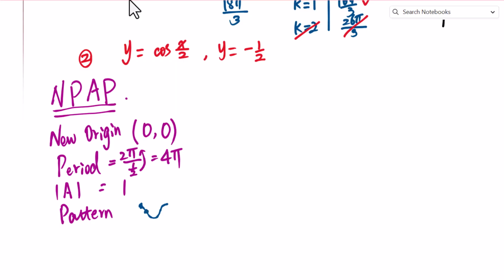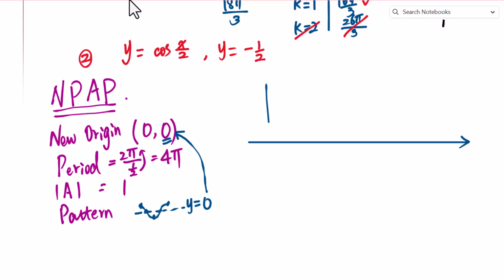Pattern: y equals a positive cosine pattern. We need these 5 key points. This is the midline. Midline is y equals 0. It's the y coordinate of the new origin. Now let's sketch this graph. X, Y, origin. We will label the period first: 4 pi. Half, 2 pi.